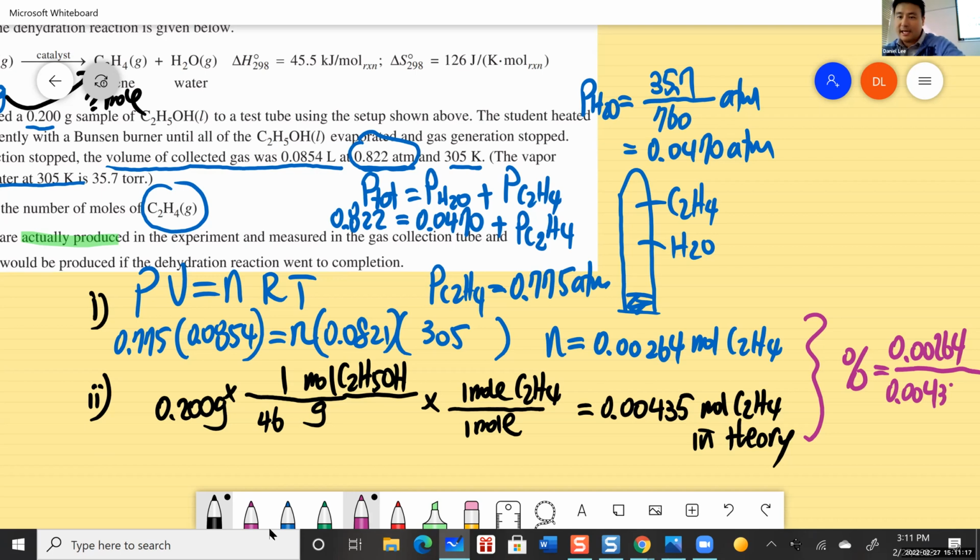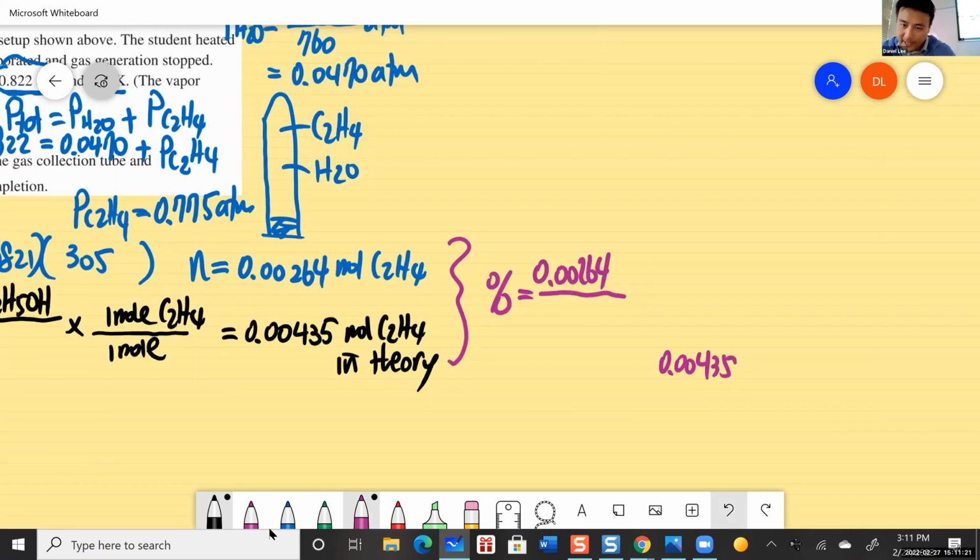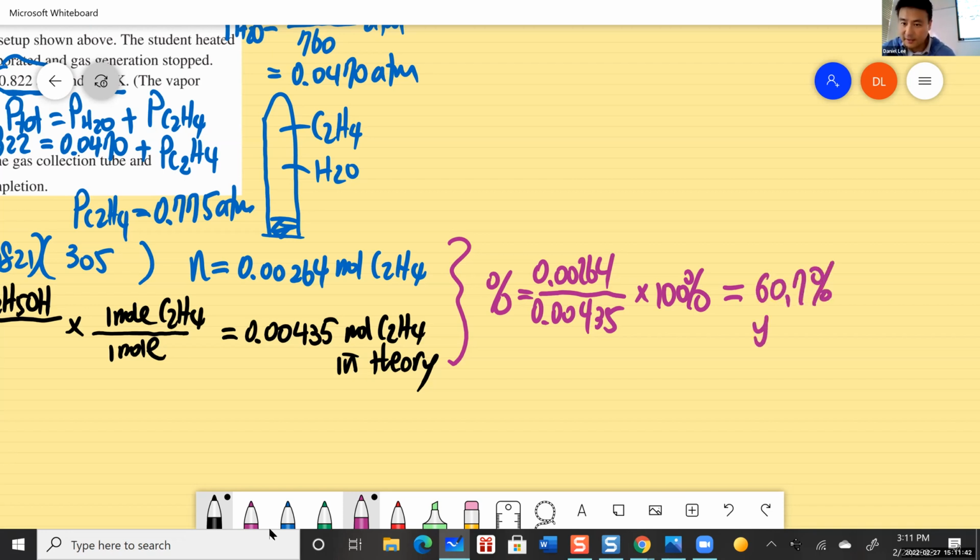And then you just times 100 to get to percent. 264 divided by 435, so it's 60.7%. That is the percent yield.